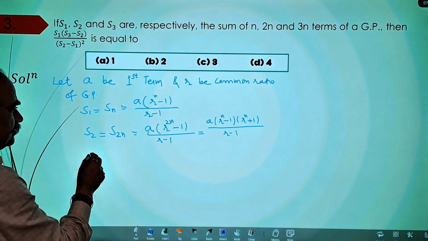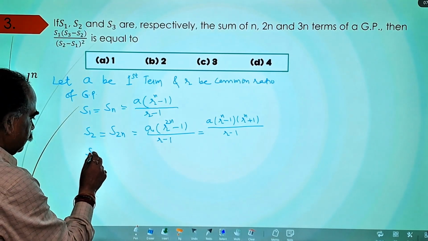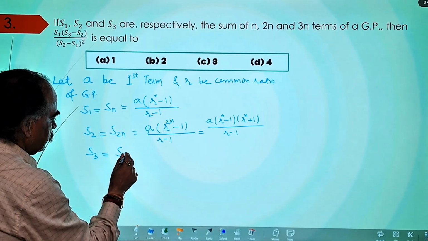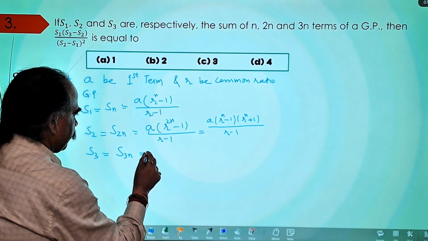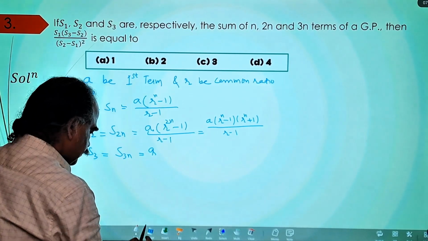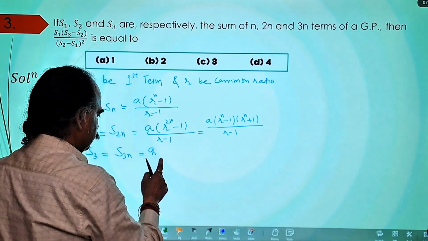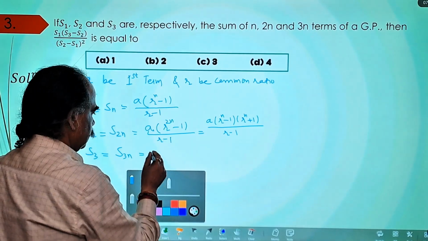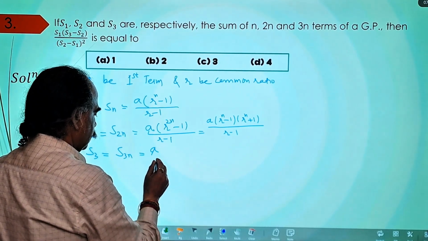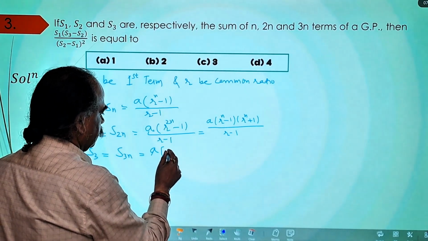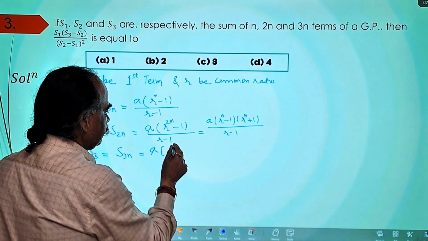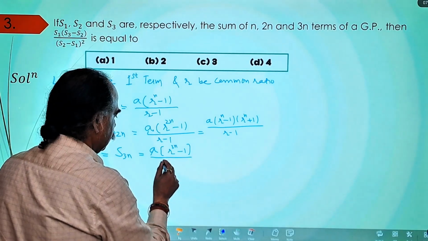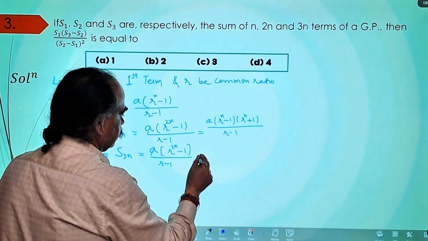Let it be. S3 is S3n: A into R raised to 3n minus 1 upon R minus 1.